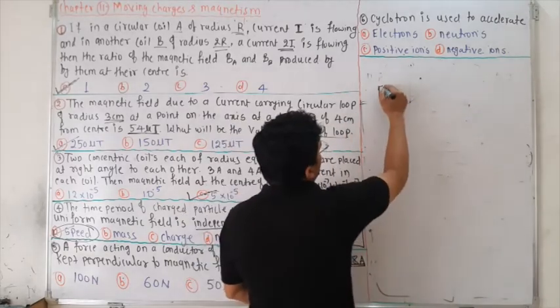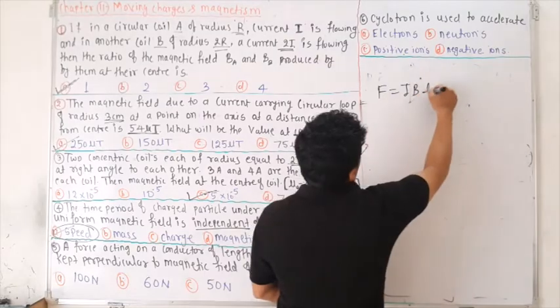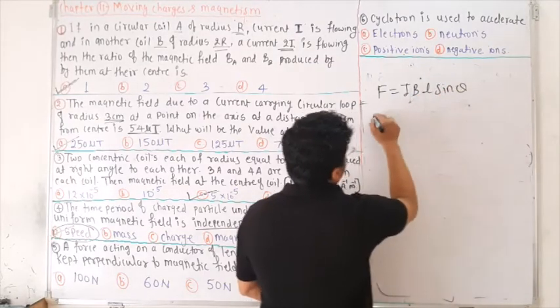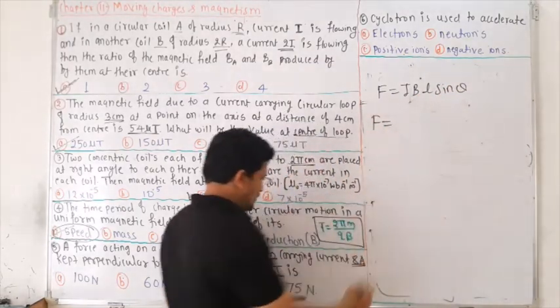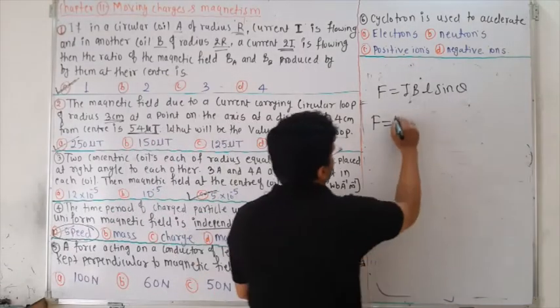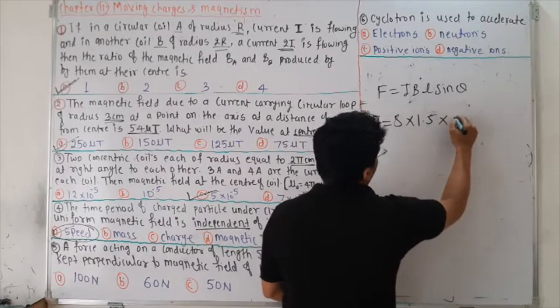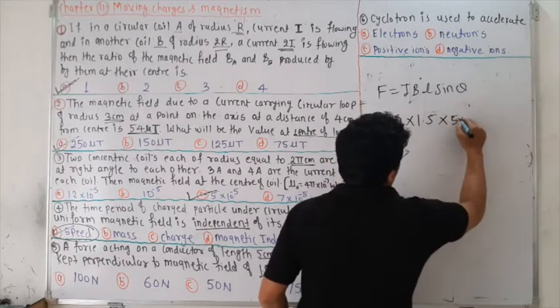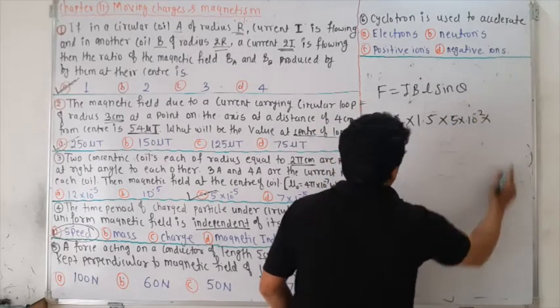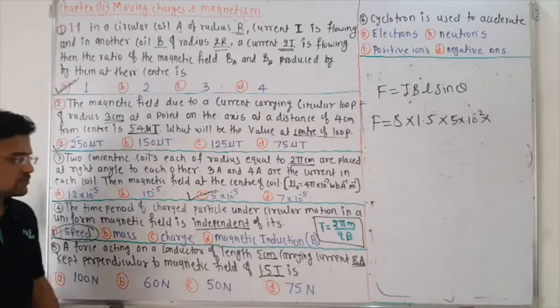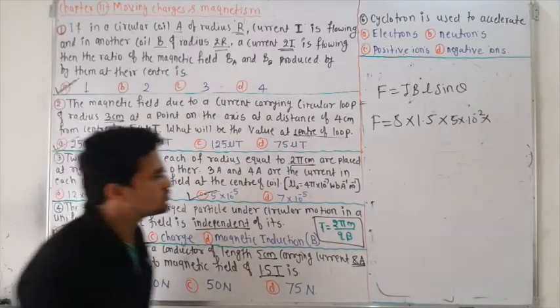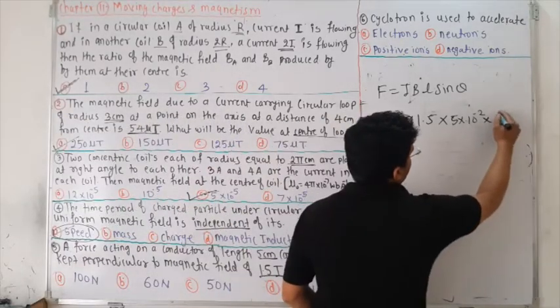So we know force is equal to what? IBL sin theta. Therefore F is equal to what? I is current, given 8 ampere. So 8. B is magnetic field, 1.5, multiplied by L, which is 5 centimeter, 5 into 10 to the power of minus 2, and it is placed perpendicular. So perpendicular means 90 degrees. So sin of 90 becomes 1 here. So multiply by 1.